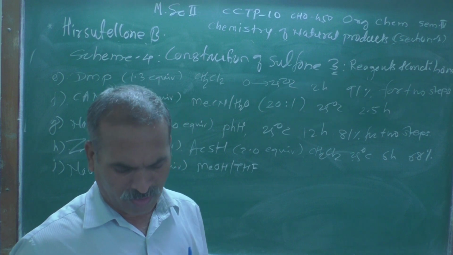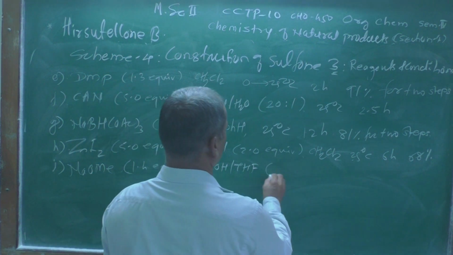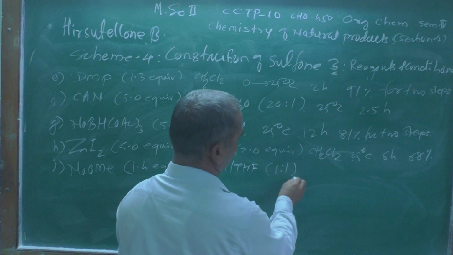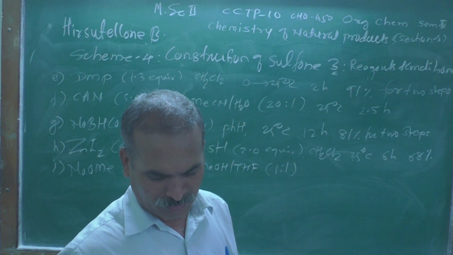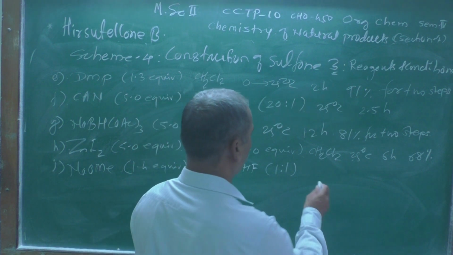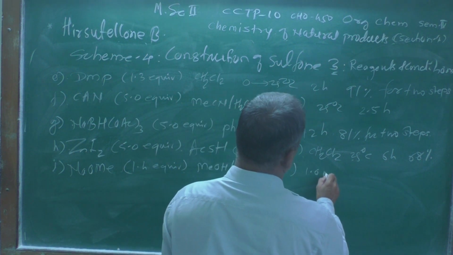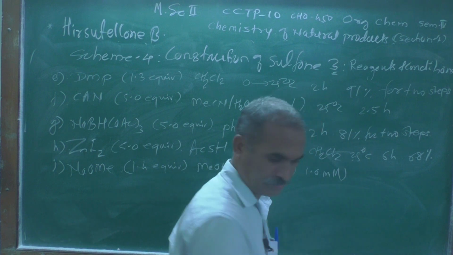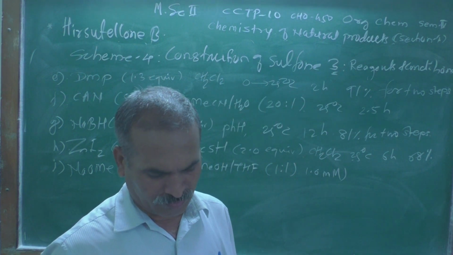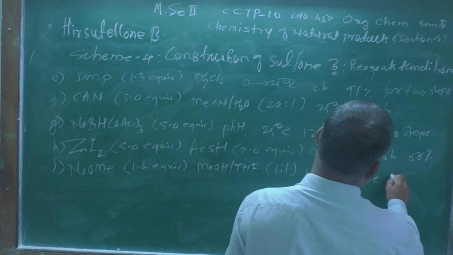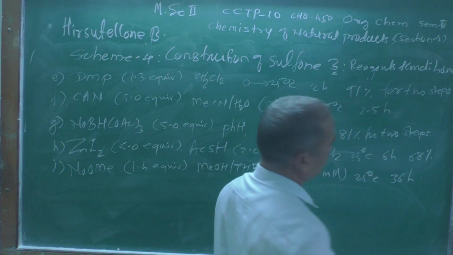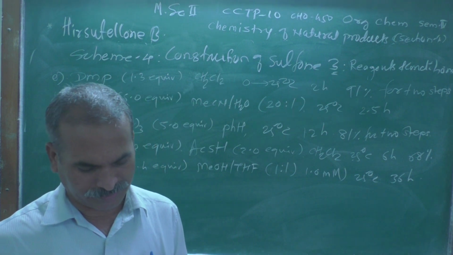This is the solvent combination they have used. The ratio they have taken is 1:1, and 1.0 millimole. Temperature kept is 25 degrees centigrade, and they stirred for 36 hours.